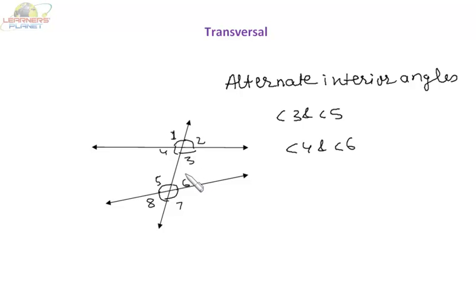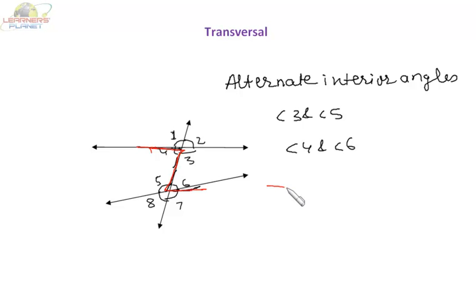For convenience, just look here very carefully. We see the shape of the English letter Z. I just changed the color. You can see the shape of Z over here.